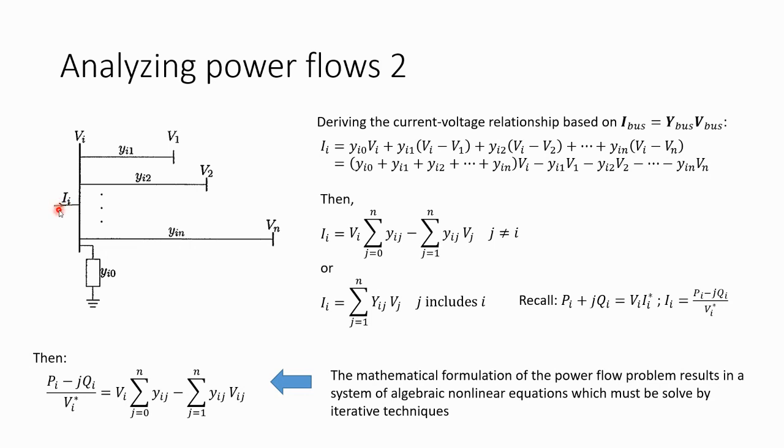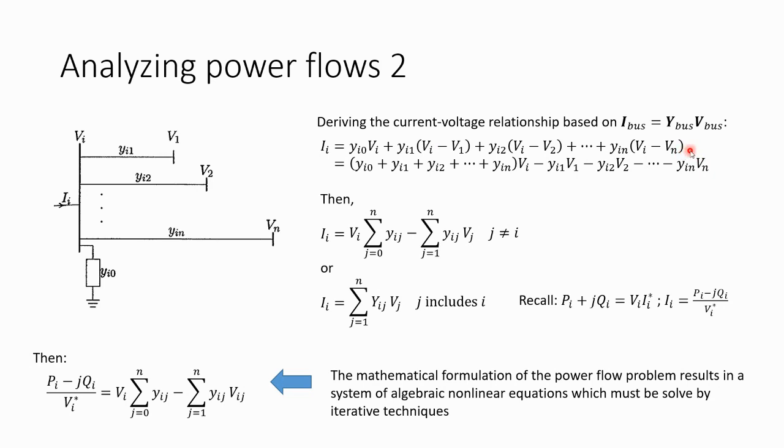And for the sake of generality, we will represent the current injected into the bus as Ii. And based on the KCL that we have established earlier, we can derive the current flow on this bus as this equation.